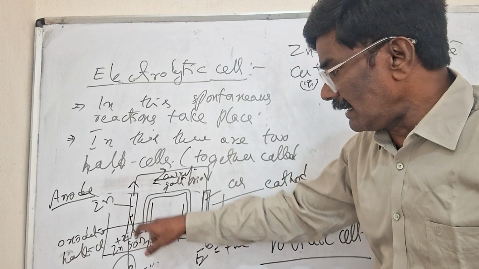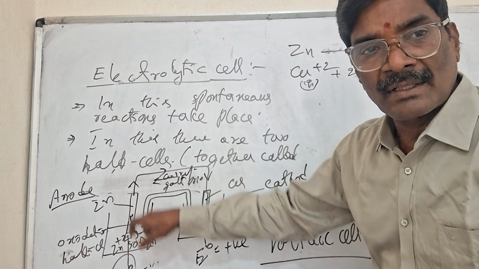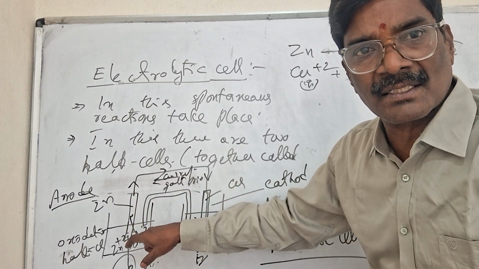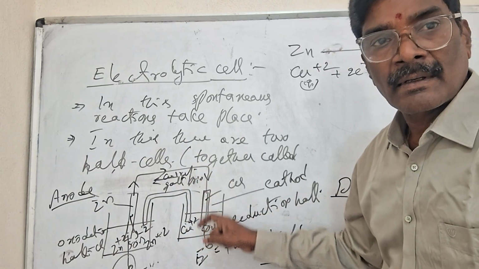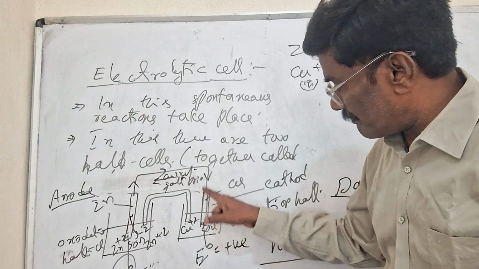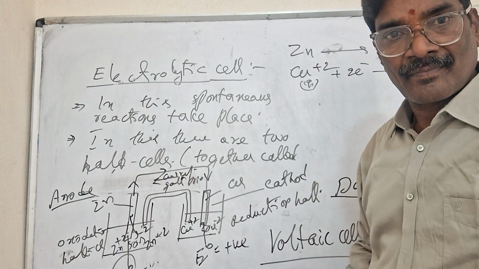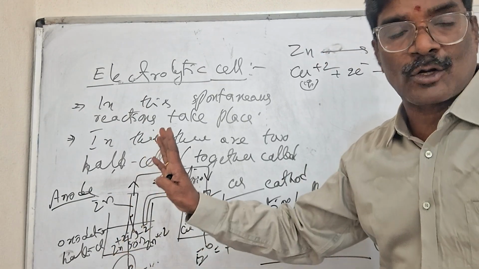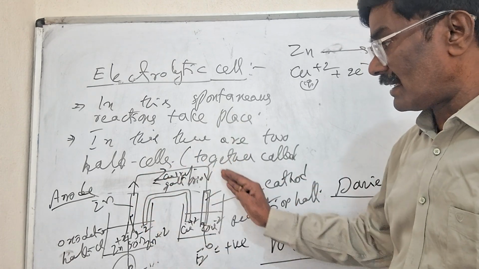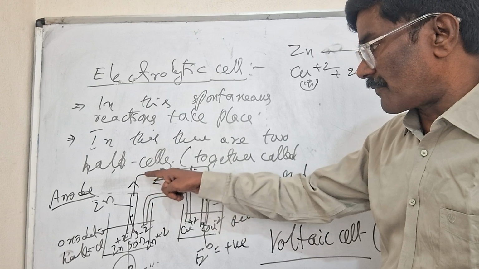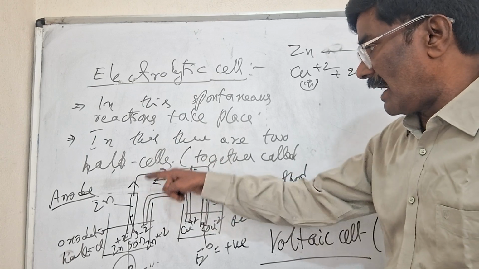Here zinc dissolves into the solution as Zn+2 ions, whereas copper deposits on the red cathode. This is what happens in the electrolytic cell. Current flows from right to left, electrons flow from left to right.